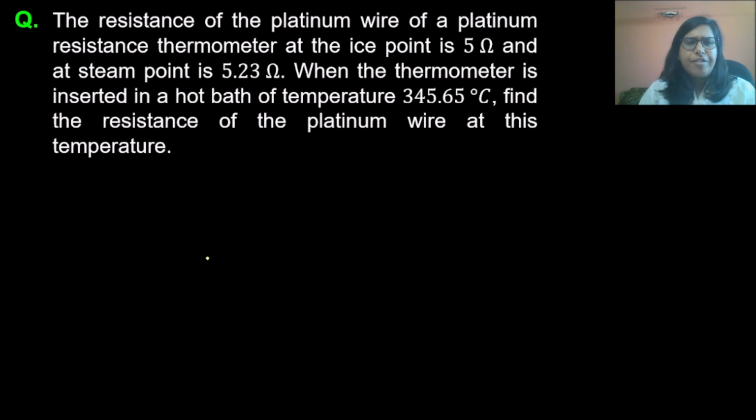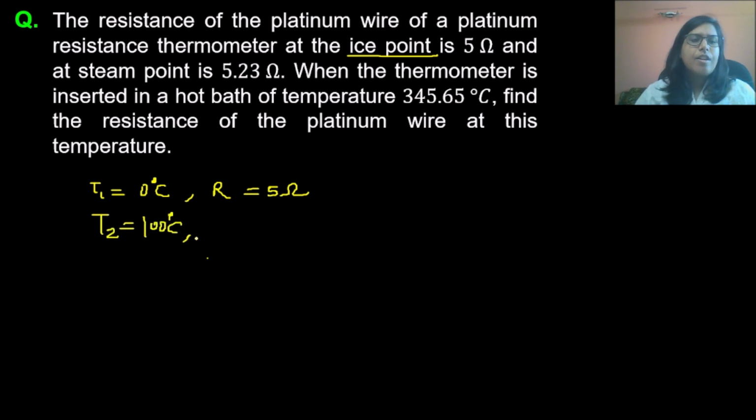In this question we are given the resistance of the platinum wire of a platinum resistance thermometer at the ice point. Ice point means temperature equals 0 degree centigrade. At 0 degree centigrade, the resistance of the platinum wire is 5 ohm, and at steam point, that means 100 degree centigrade, resistance is 5.23 ohm.